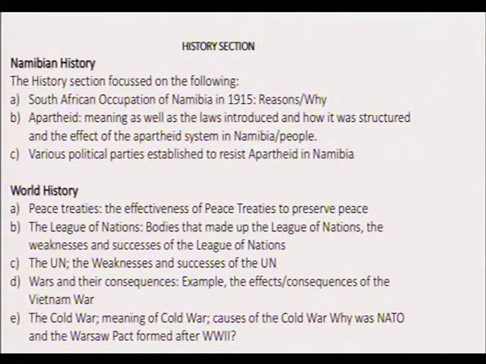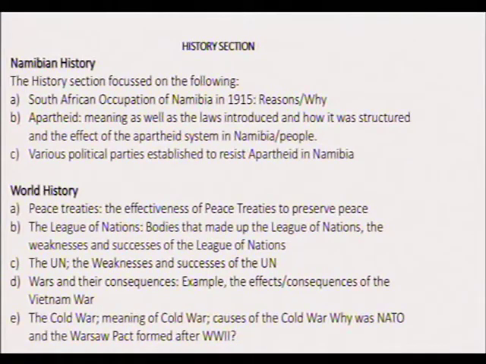Did they work? Or were they ineffective? So if they were effective, obviously you need to explain why. For example, to maintain peace is not the only reason it was effective. If it wasn't effective, then you also need to explain why. What are the reasons for them not being effective?